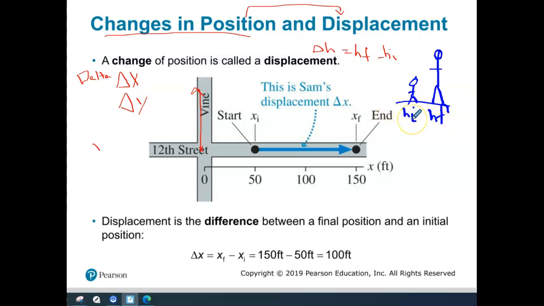Sometimes people accidentally switch these and put initial minus final. If you did that in this case, you would have shrunk. So if this is, I don't know, 6 feet, and this looks like maybe a little less than half, so maybe 2 feet, it should be 6 minus 2. So we would see that you grew 4 feet. That's your change in height over that time period.